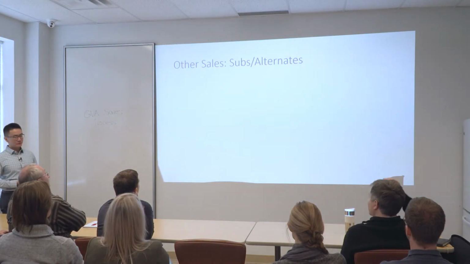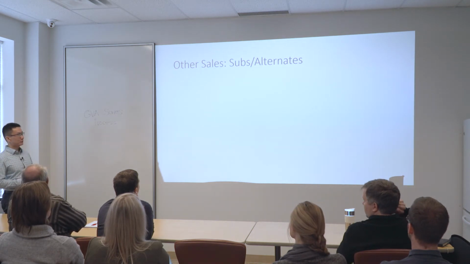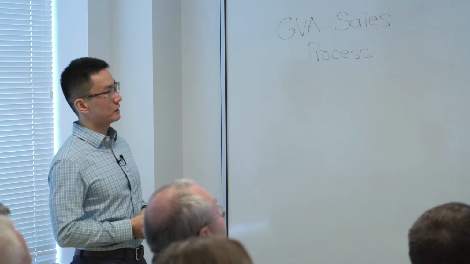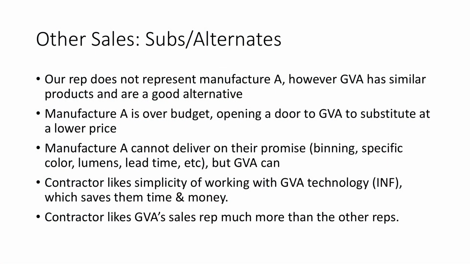So aside from these design builds, sometimes and oftentimes we get opportunity to do subs and alternates. For example, there is a lighting package or a project that's going ahead. A rep in the territory doesn't represent the manufacturer being specified, so that could be Lumenpulse, for example. So a rep then, they have to put in their package. Therefore, they come to GVA and ask GVA to propose a similar product to be used.